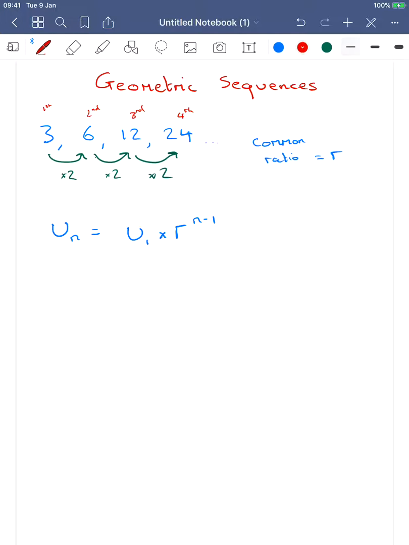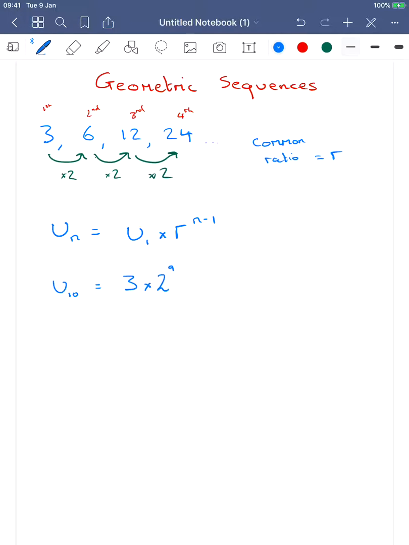If we were going to ask a simple question, it might be something like, what is the 10th term, u10? For this sequence it would be 3 times the common ratio, which is 2, to the power of n minus 1, 10 minus 1, which I'm just going to write straight in as 9.